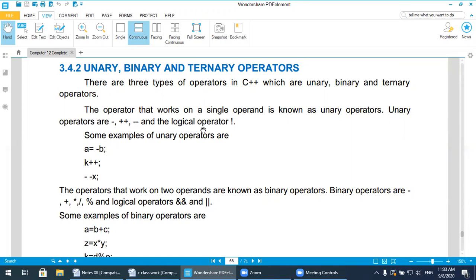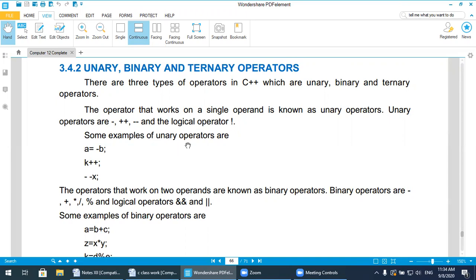And the next one is logical not. The sign of exclamation means this is the not operator. Let's say not x, let's say the value of x is 1. If I use not x, its value will be 0. So not is also a logical operator, and it is a unary operator.